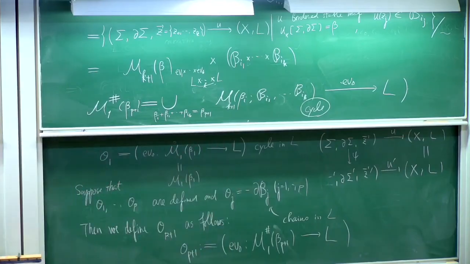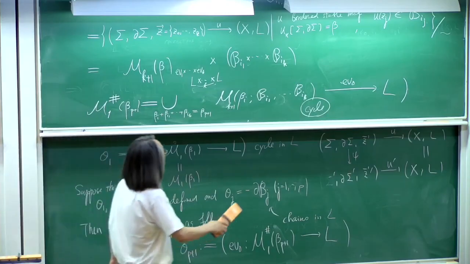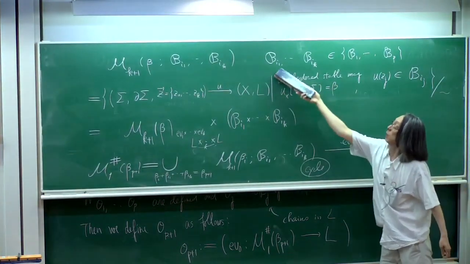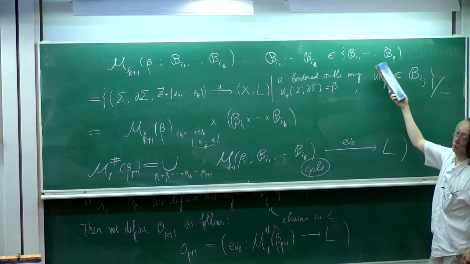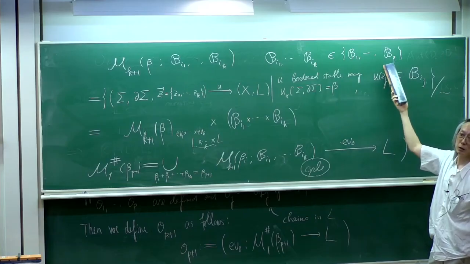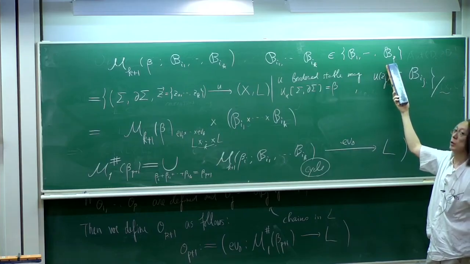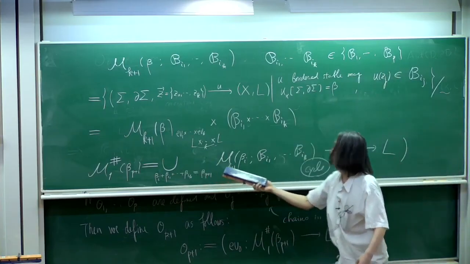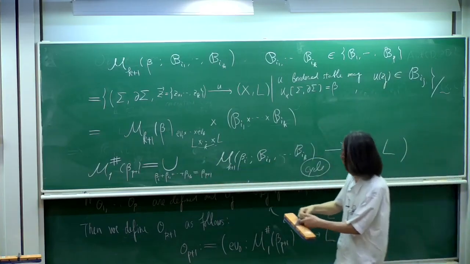And why? No, these are actually anything. I want maybe 1 to p, any 1 to p. No, consider all possible things, because I take a union here, all possible things. Sorry, I have to also write it.